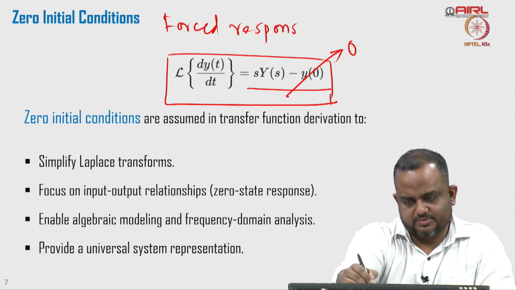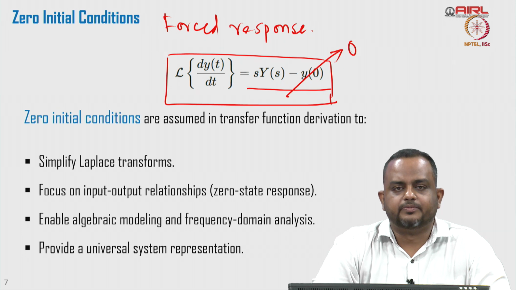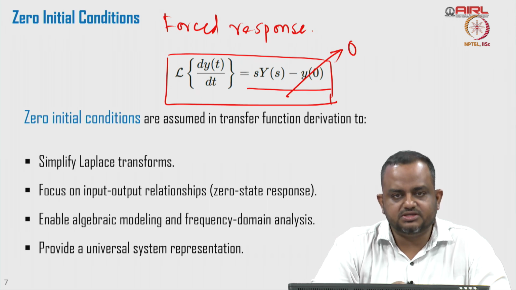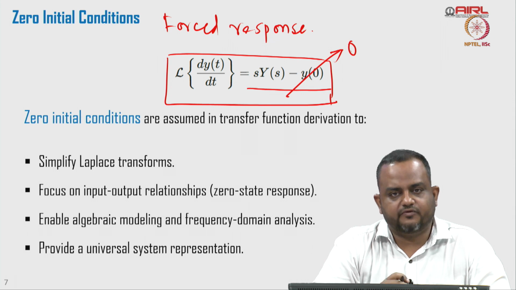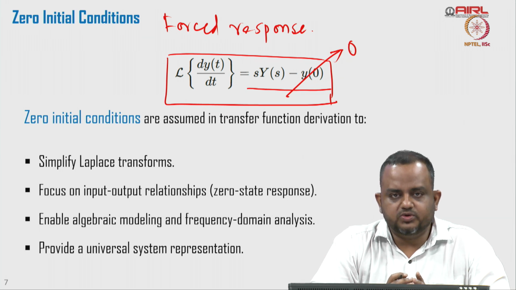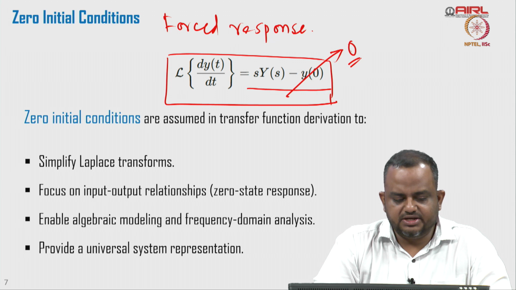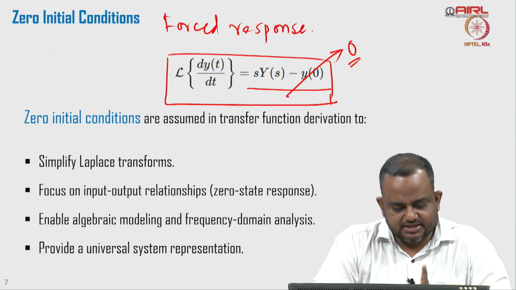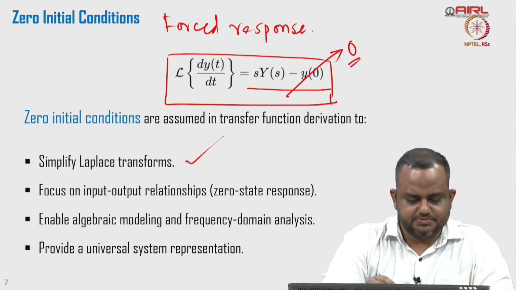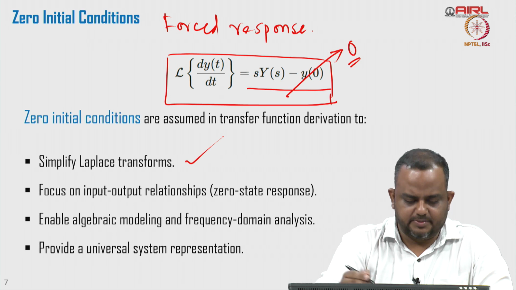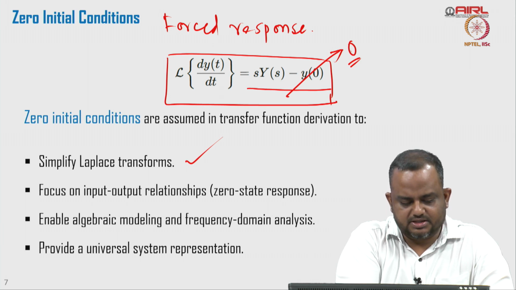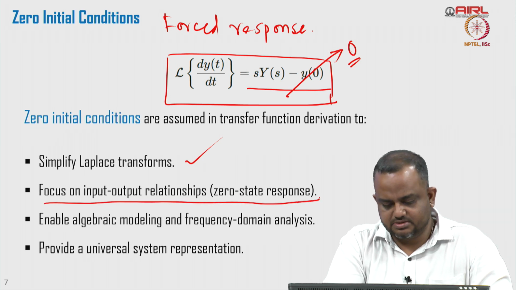When we talk about Laplace transform, we are essentially trying to see what is the performance of the system in terms of some input which is being forced to the system. So, we are not interested to see the responses due to initial conditions, that is why we make it 0. Okay. 0 initial conditions are assumed, and then it simplifies the Laplace transform. It focuses on input output relationships.